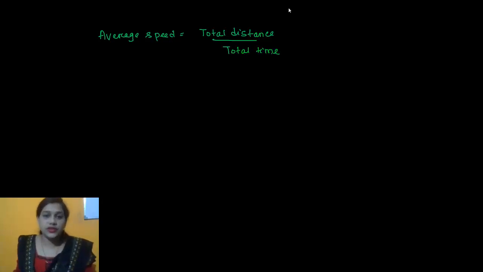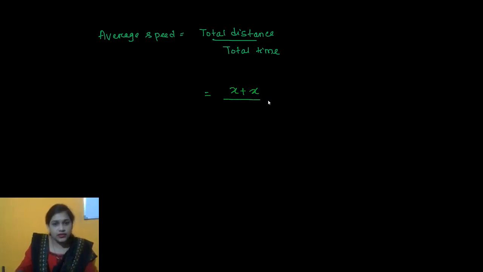So for the average speed, what is the formula? Total distance divided by total time. We have found the total distance and the total time. X plus X is our total distance, and the total time is X by 20 plus X by 15. Now this is 2X, and what is the LCM?